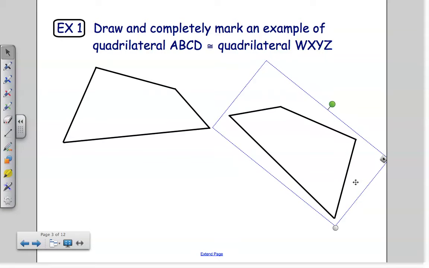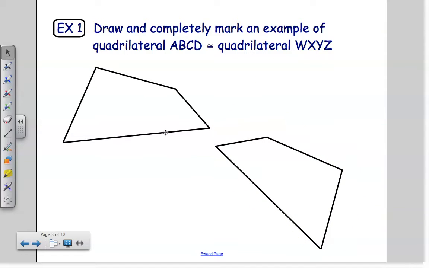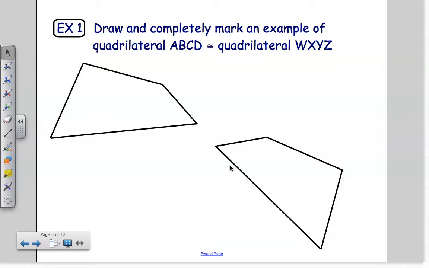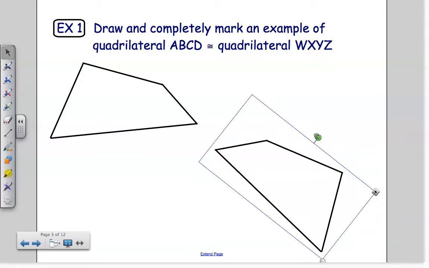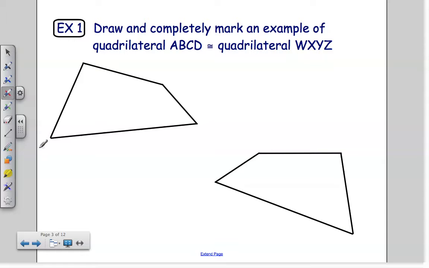Okay. Let's leave it like this so it makes it a little bit trickier for me to label these things. Actually, I'll rotate a little bit, make it easier to label. Okay. So, quadrilateral ABCD. Now I can label this in any order. Let's say that I do ABCD this way. I have to be really careful now about where I put W, X, Y, and Z. This vertex A better match up with W. They were the first ones listed.